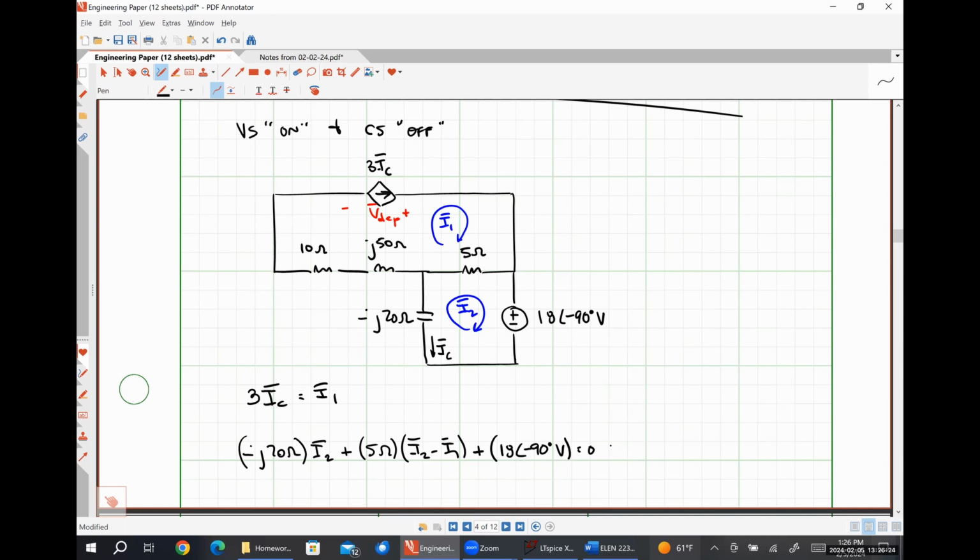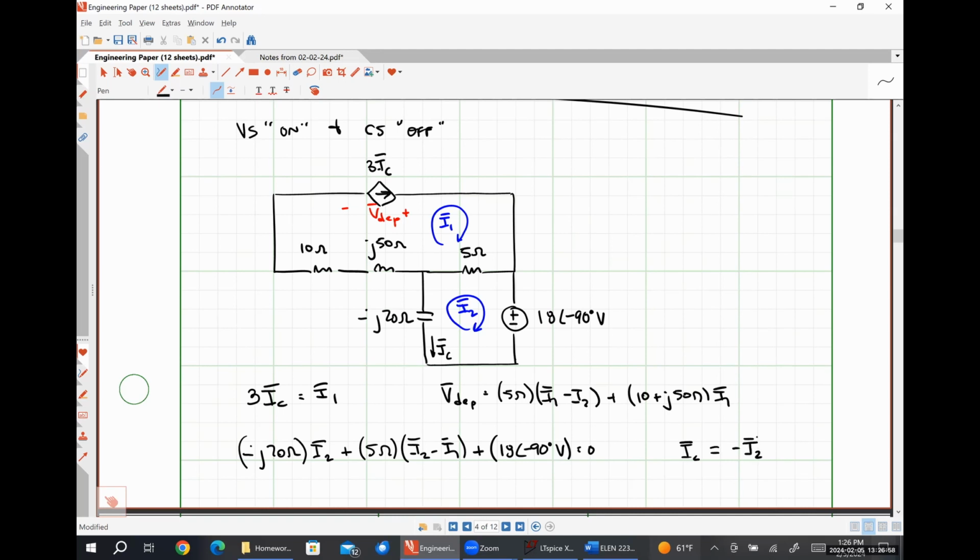And this is a separate equation. VDEP is going to look like 5 ohms times (I1 minus I2) plus (10 plus j50) ohms times I1. And just for the sake of argument, because we'll need this, IC is going to be negative I2.